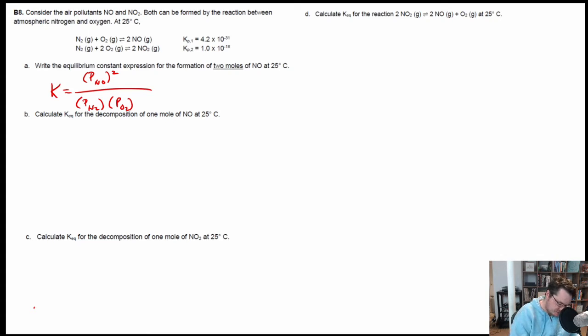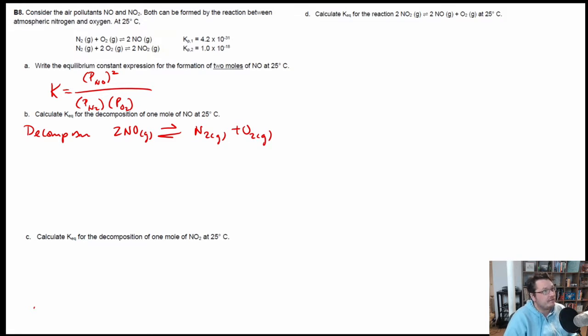The decomposition reaction would then be 2NO forming N2 gas plus O2 gas. A very important thing to think about is that the way it's currently written, you have 2 moles of NO gas forming 1 mole of N2 and 1 mole of O2.